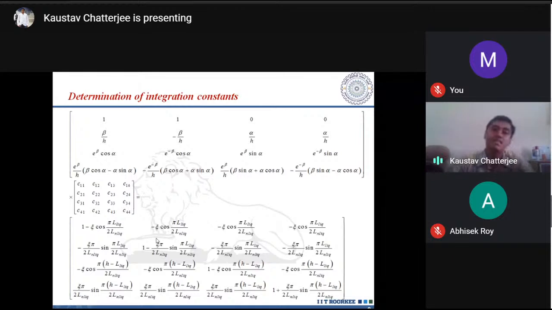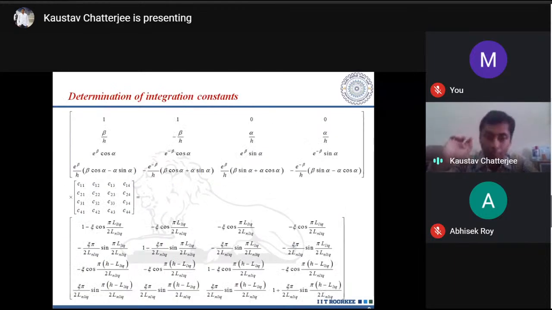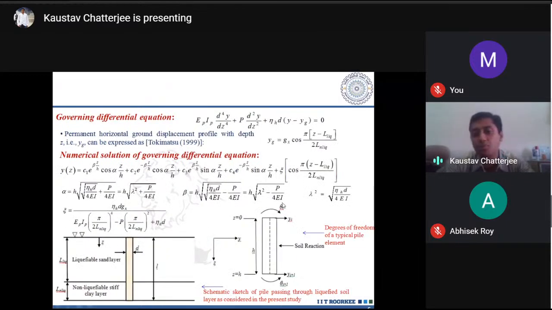Now, what is my main target? My main target is to determine these 16 integration constants, which has been done by assuming a typical stiffness approach. If I consider one particular node and assume that we are giving a unit displacement over here, taking this particular figure, then the rotation is equal to 0, and in the other node, both displacement and rotation are equal to 0.